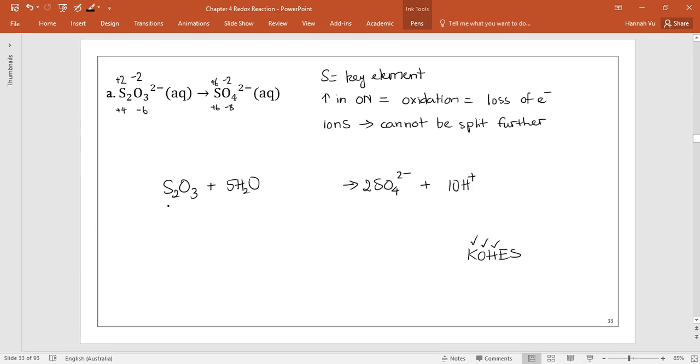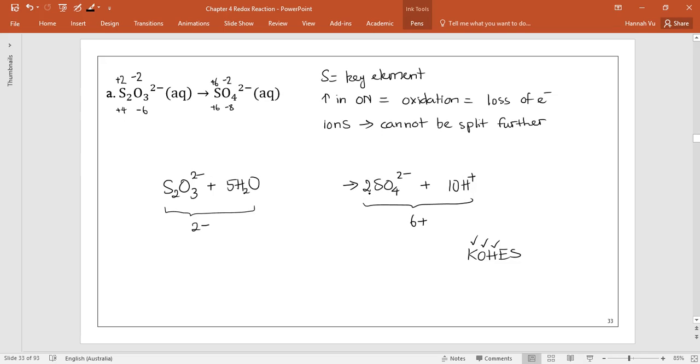If you look at the left side right now, you have a total charge of 0. Everything is neutral. No, actually, everything is not neutral. I just made that mistake. The total charge should be 2 minus from the S2O3. If you look at the right-hand side, the total charge is supposed to be 6 positive, not 4 positive. You need to take the coefficient in front of the species into account.